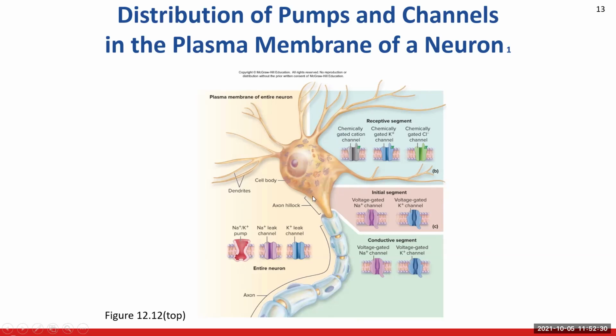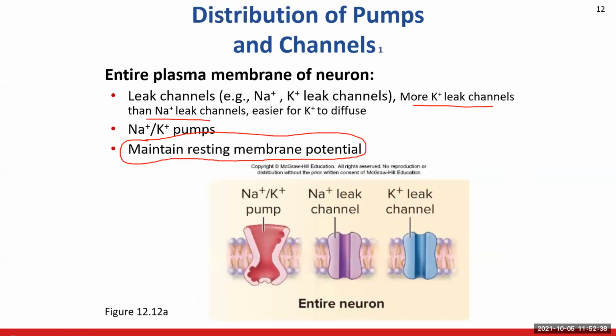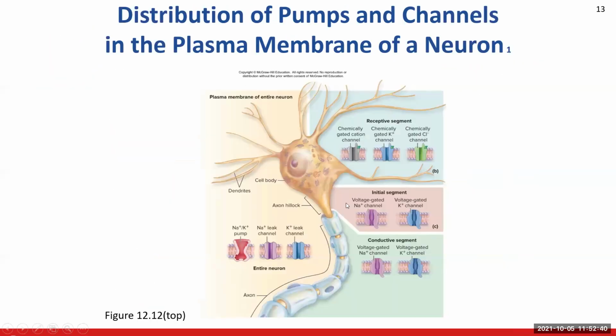Then our initial segment is the axon hillock. This is important. This is what I told you, where the action potential, where our electrical signal starts to occur, right here in the axon hillock, also known as the initial segment. We are going to see voltage-gated sodium channels and voltage-gated potassium channels, meaning we need a change in the electrical charge across the plasma membrane to trigger the opening of this gate.